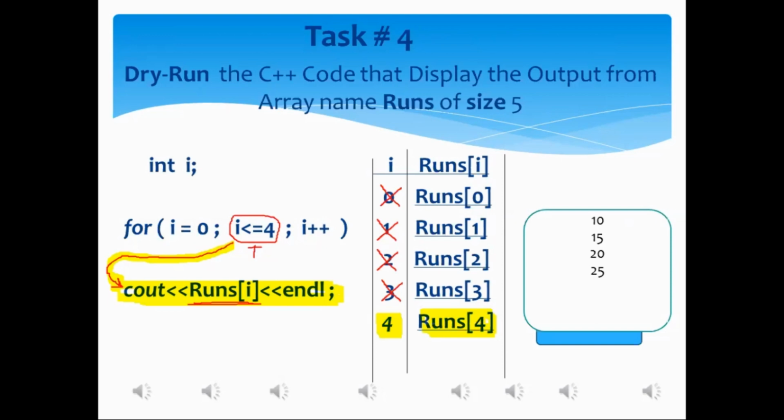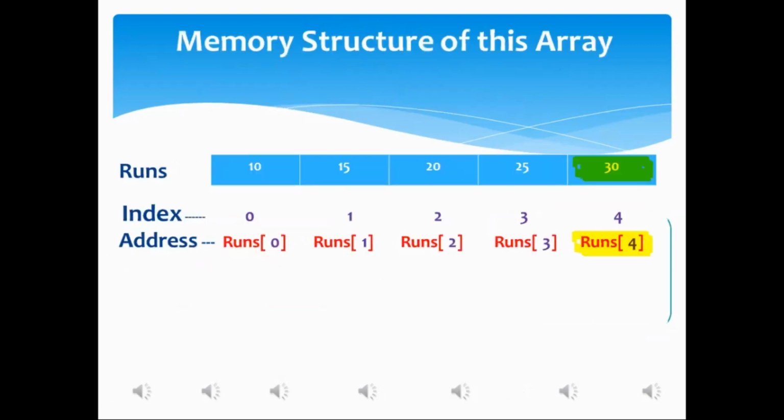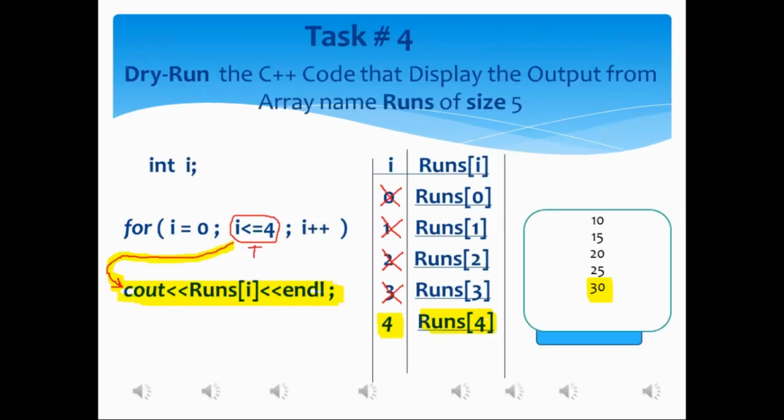It means 30 will be displayed onto the monitor screen as a result of the execution of the for loop associated statement, that one is the cout statement. Yes or not? Yes, sir. It means 30 will be displayed. And now you can watch the monitor. 30 has been displayed over there.